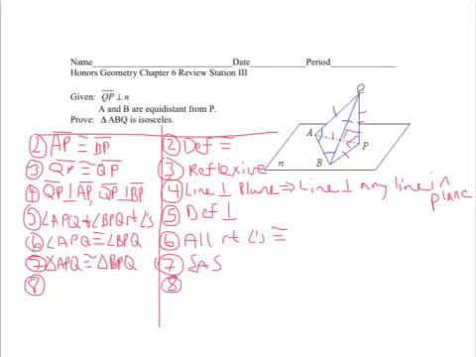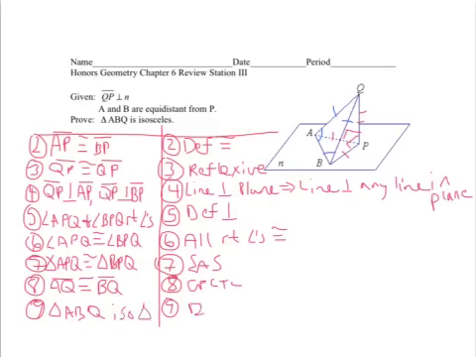All right, so that means that AQ is congruent to BQ, as we outlined in blue because we wanted to prove that, and that's by CPCTC. And then lastly, triangle ABQ is an isosceles triangle, and that's by definition of isosceles triangle.